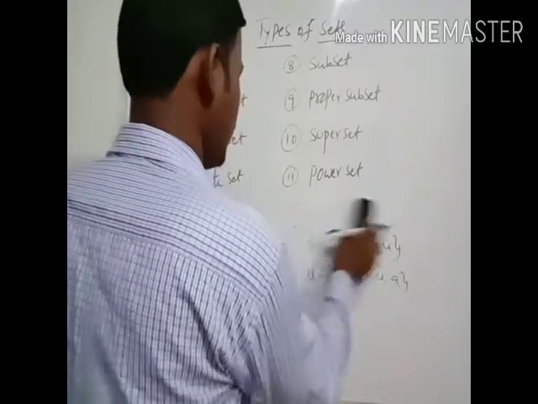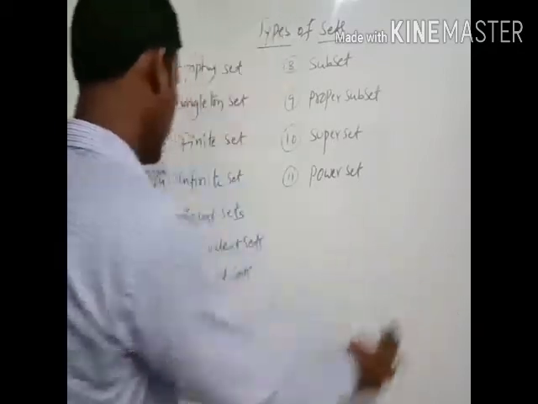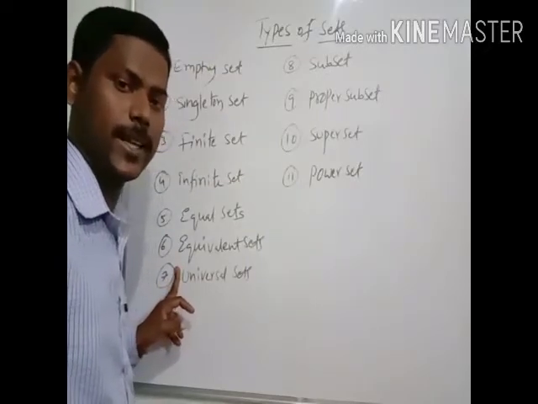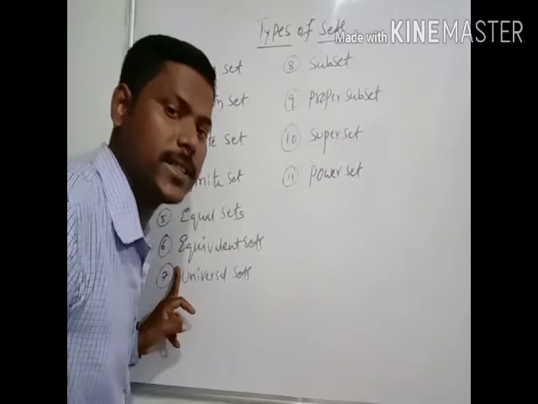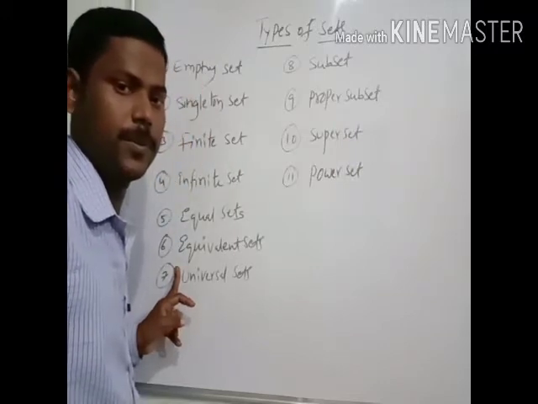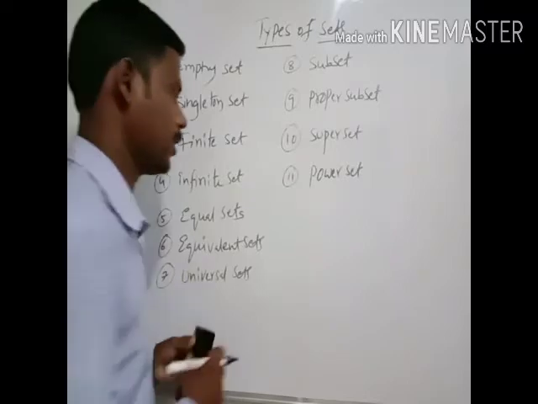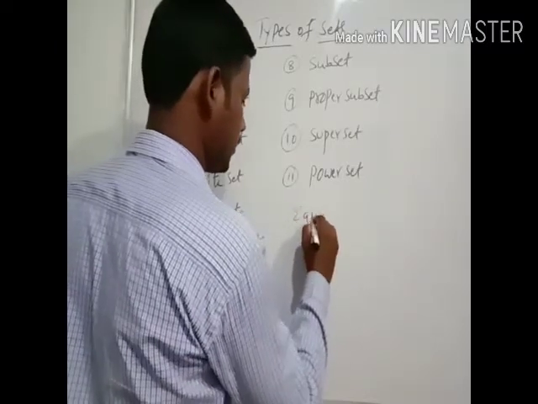Next, equivalent sets. Equivalent sets means if two sets A and B are said to be equivalent sets, the cardinal number is the same, but the elements are different.